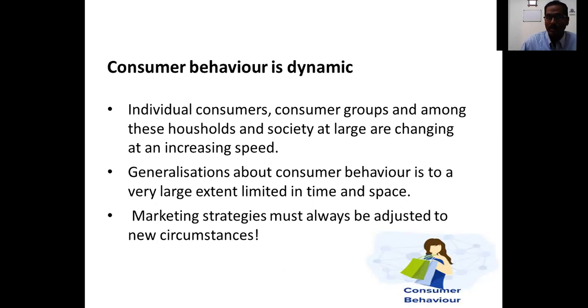One of the features of formulating strategy is that strategy has to be flexible. In other words, strategy needs to be changed if necessary. When the environment is changing and customer preferences, wants and needs are changing, marketers or businesses need to adjust and change their strategies accordingly to the new circumstances.